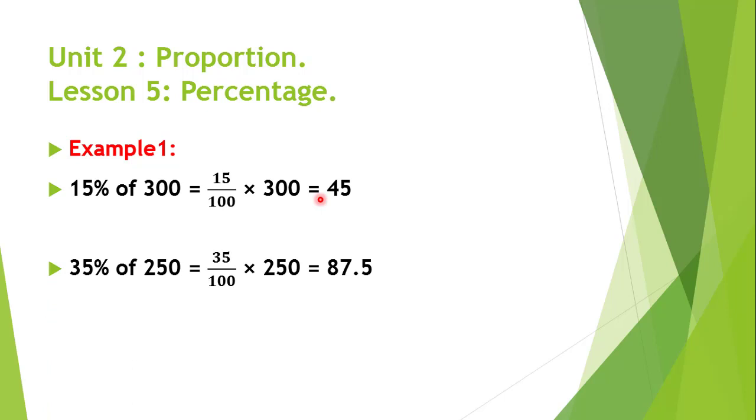In the same way, 35% of 250. 35% means 35 over 100 times 250. The result will be 87.5. Another one, 45% of 1200. It means 45 over 100 times 1200. So the result will be 540. Okay, you can try to solve them again by yourself.